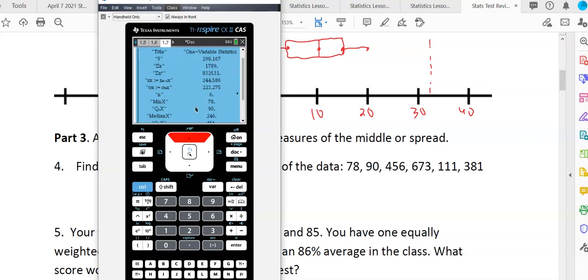So mean is 298.167. Standard deviation is 223.27. It's pretty big standard deviation for this one. Numbers are all over the place, I guess.